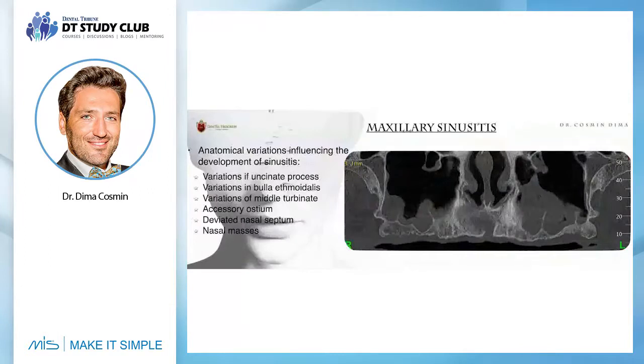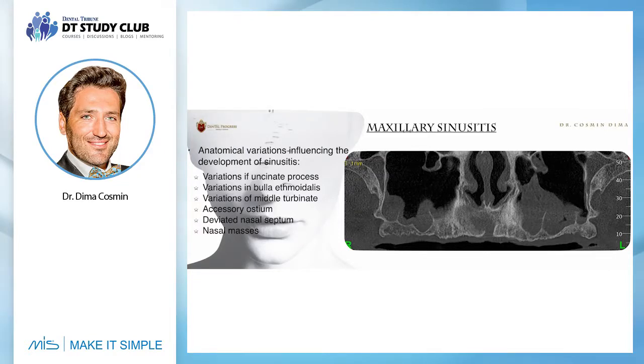But maxillary sinusitis could be provoked by other anatomical variations, like variations of the uncinate process, bulla ethmoidalis, middle turbinate, ostium, nasal septum, and nasal masses.